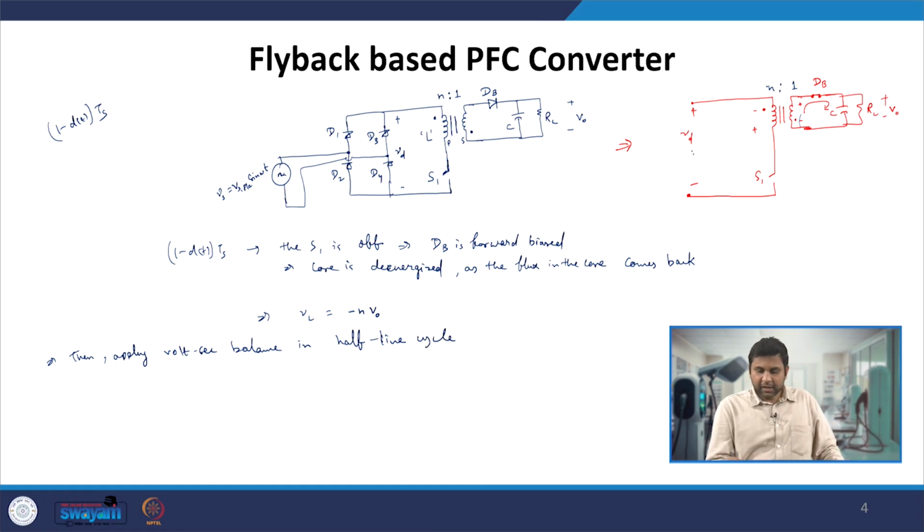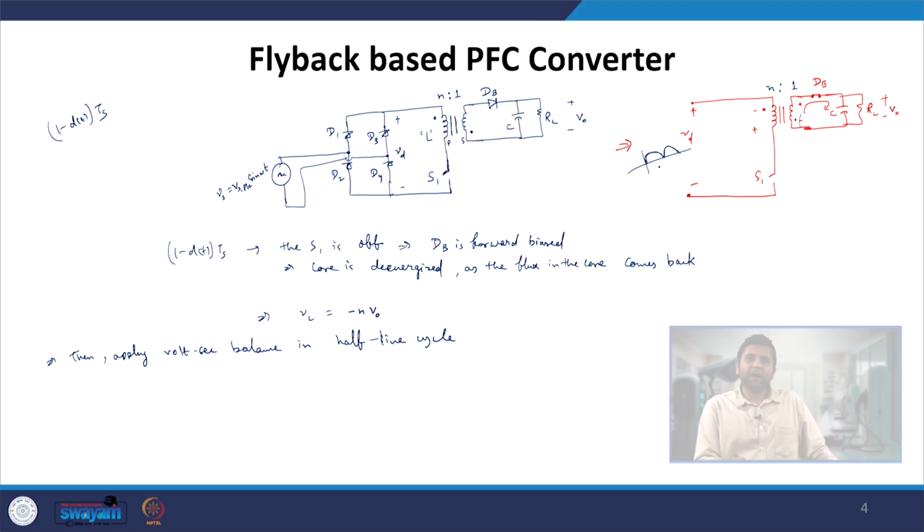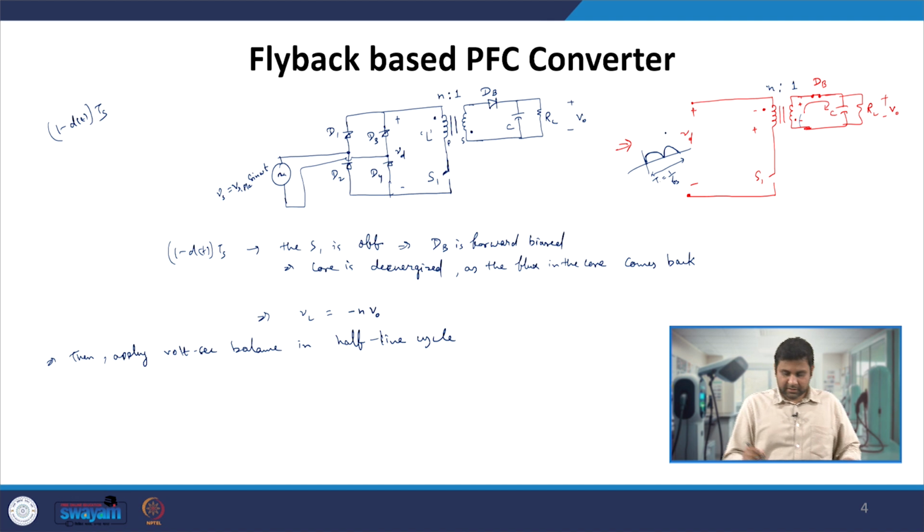Because this VD will have a variation of nothing but rectified DC, which varies in half the line cycle. So, from here to here it is T, which is nothing but 1 by Fs, and in half the line cycle it repeats itself.